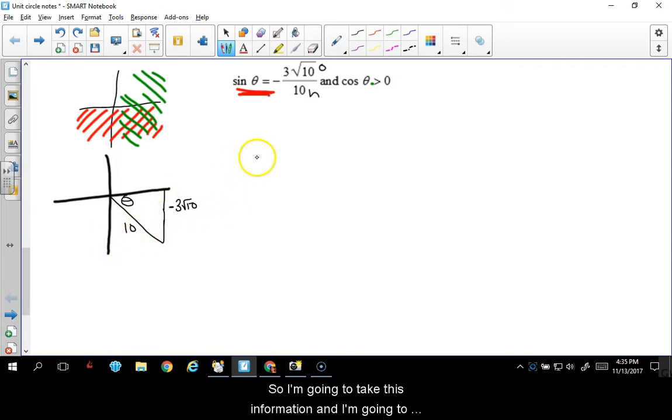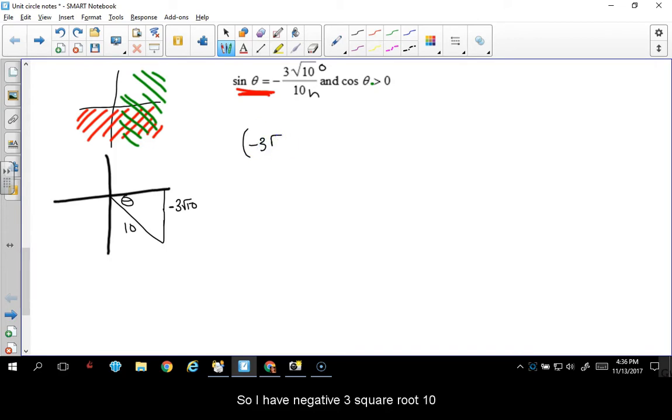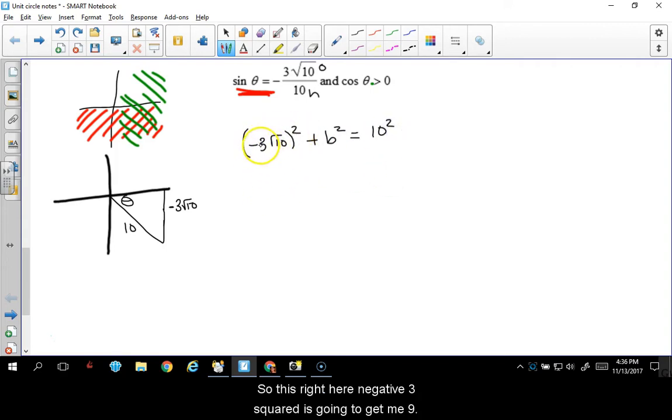So I'm going to take this information and figure out the missing side length here. So I have negative 3 square root 10 squared plus b squared equals 10 squared. Negative 3 squared is going to get me 9, and the square root of 10 squared is 10. Remember, this squared applies to everything inside.